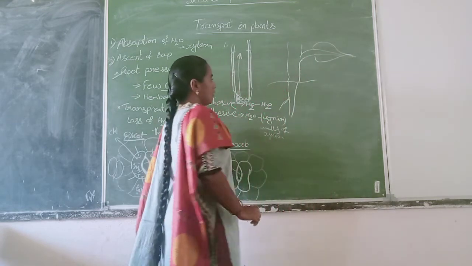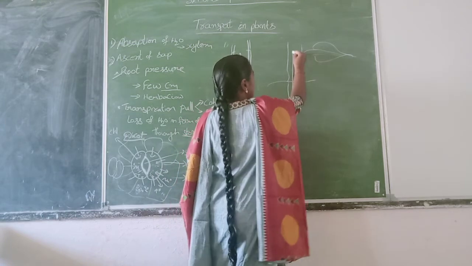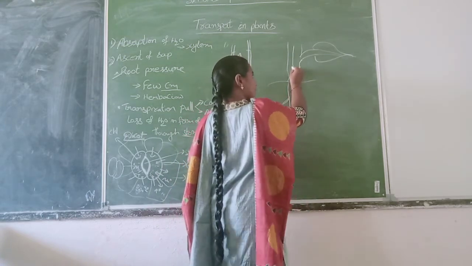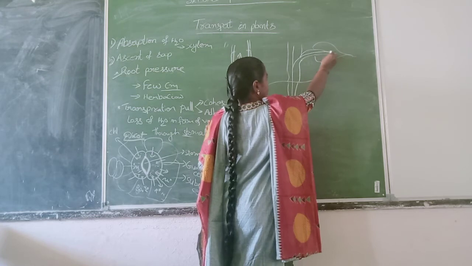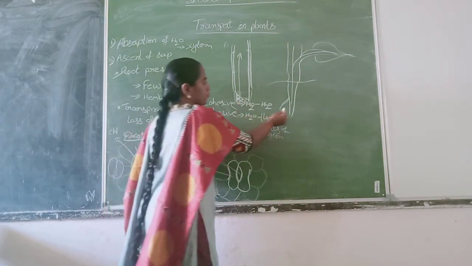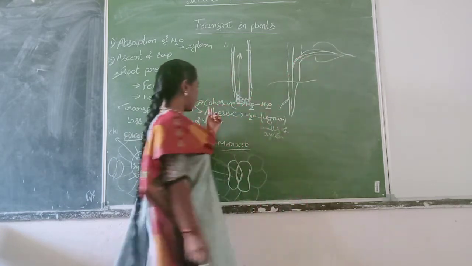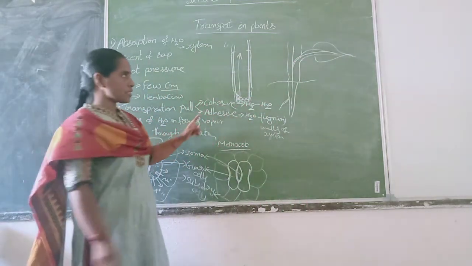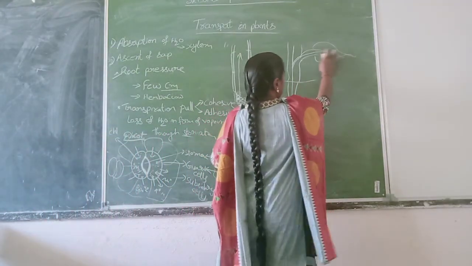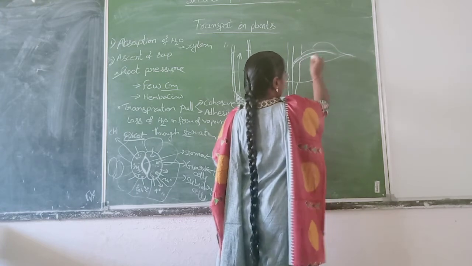See here, xylem. Imagine this is the xylem, and the water is transported throughout the plant body. So water molecules will move in the xylem vessel throughout the plant body with the help of cohesive and adhesive forces. Similarly, in the leaf also, in the membrane or vein.